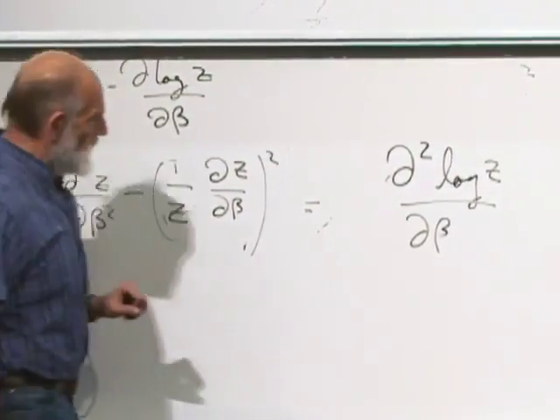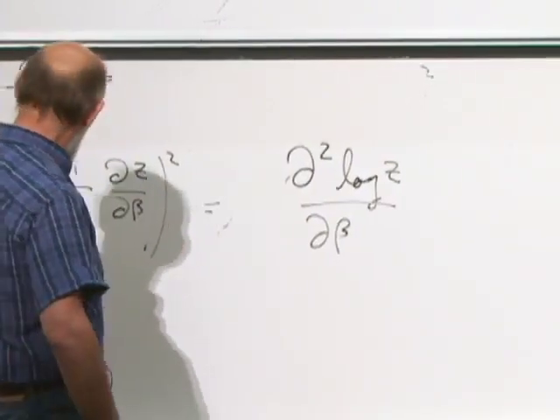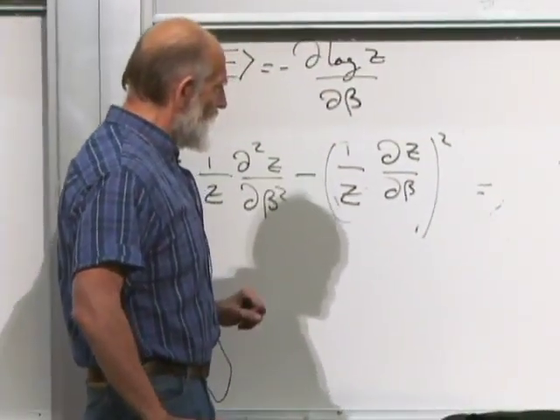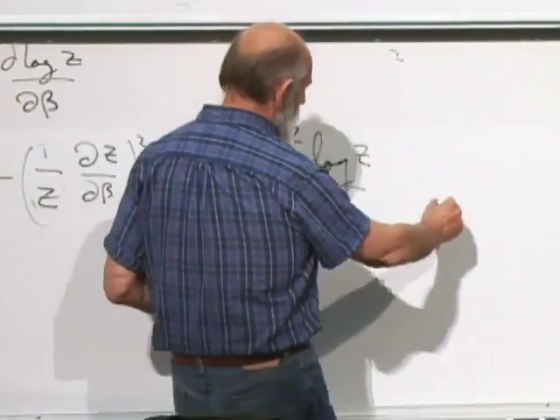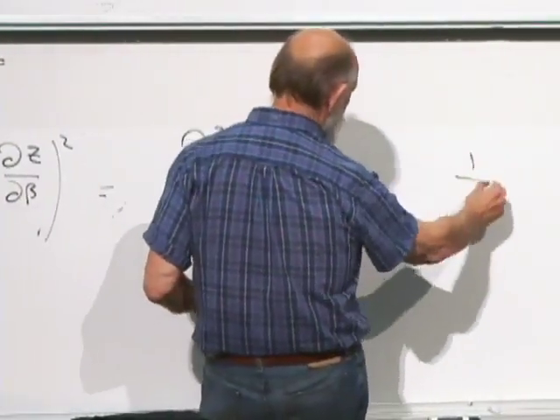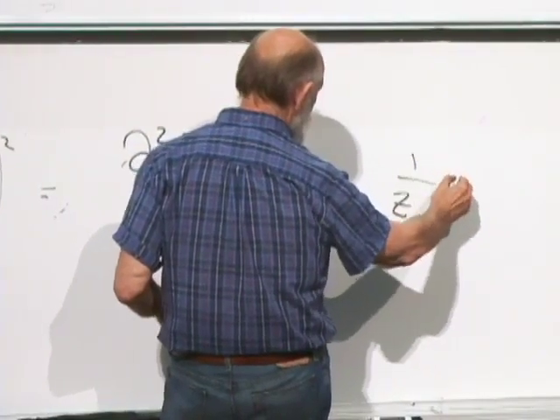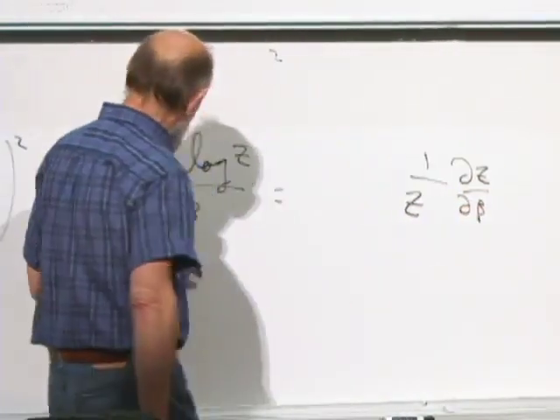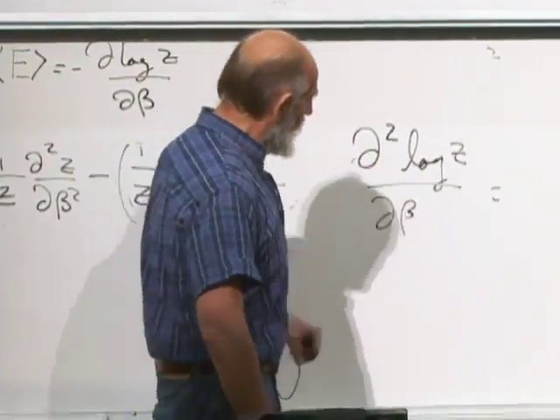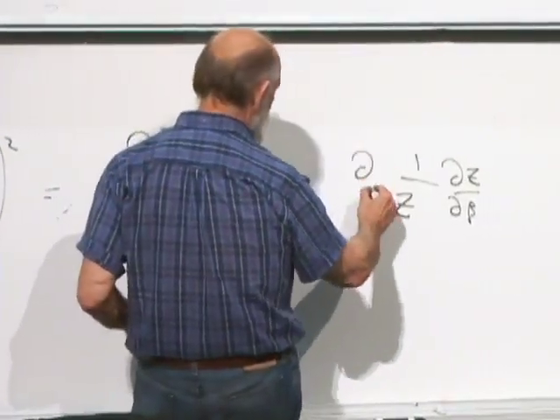The derivative of log Z with respect to beta, let's see. The derivative of log Z with respect to beta, that's 1 over Z dZ by d beta. That's the first derivative. And now we want to differentiate it again with respect to beta.